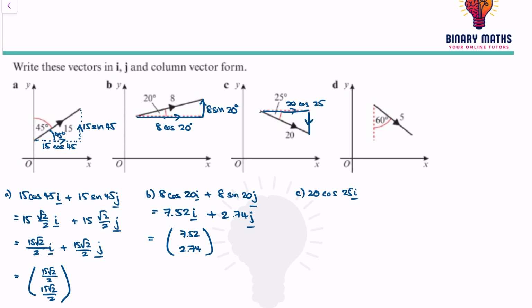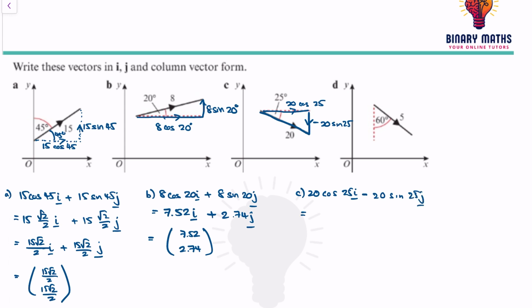Now, because we're starting from here and going there, we're going across to the right and down. Because we're going down, it's going to be negative. Again, it's opposite the angle, so it's minus 20 sine 25.